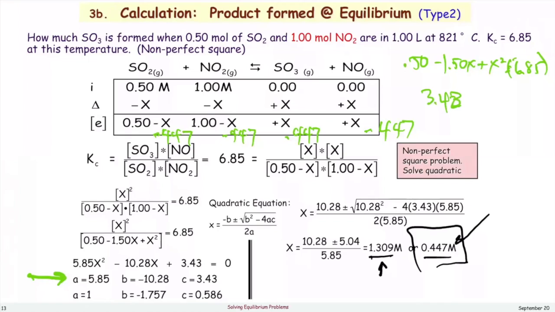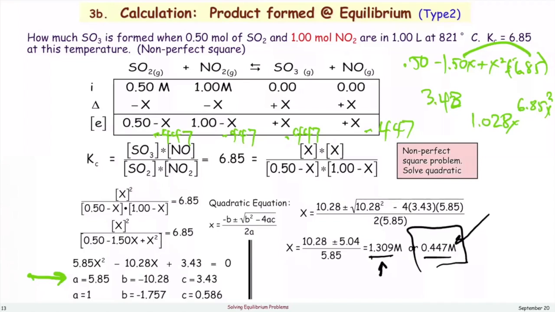This second term, 1.5 times 6.85, is 10.28. And then the last term is 6.85x squared.